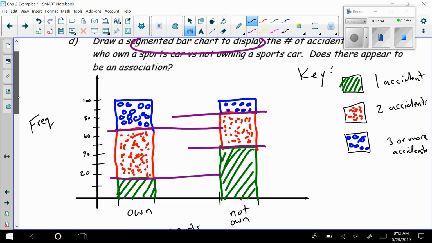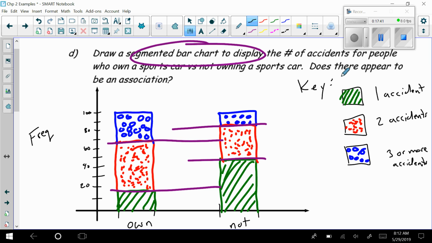So do we think there's an association, if it matters whether you own a sports car or not? Well, we just said it matters if you own a sports car. So our solution here should be yes. The distribution for accidents are different.